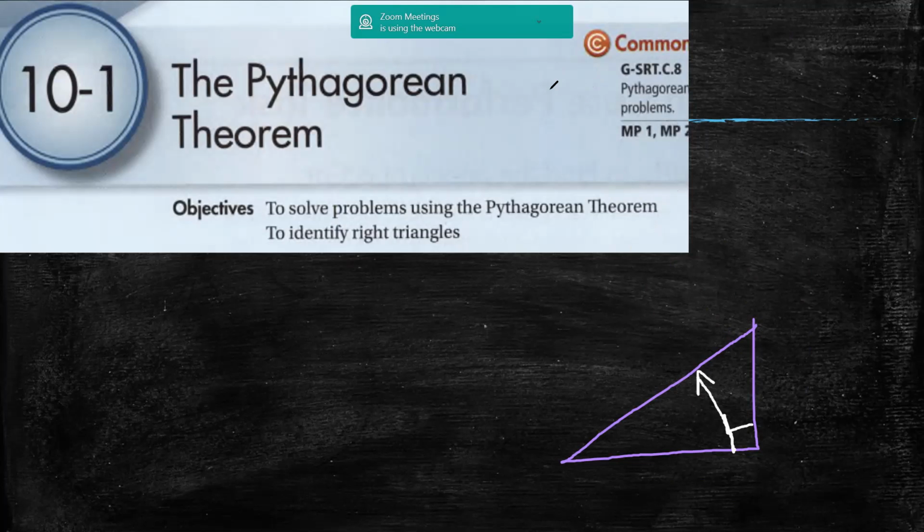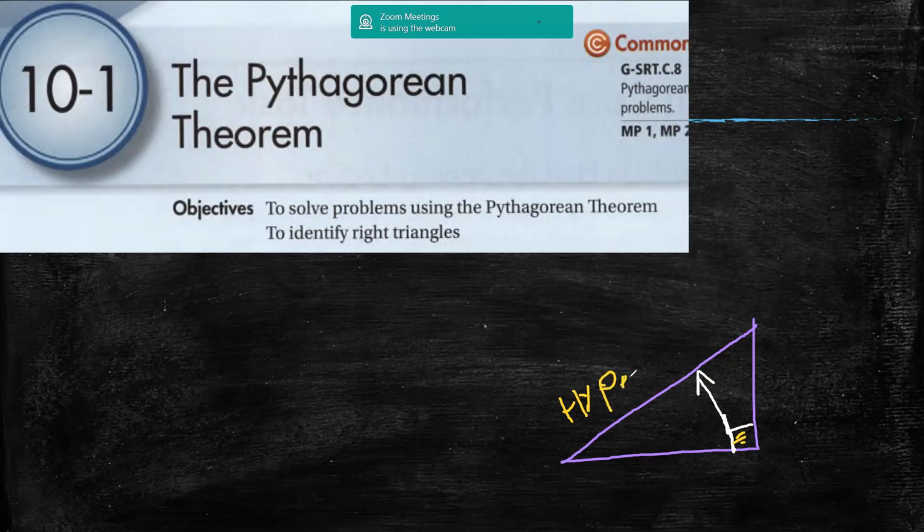What did we name it? Who can tell me? This is a right triangle, okay? This is the right angle. Now, what is the name of the side that is opposite to the right angle? It is the hypotenuse. Is it right?